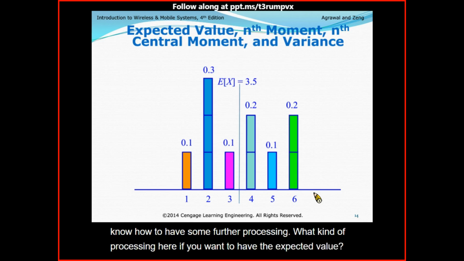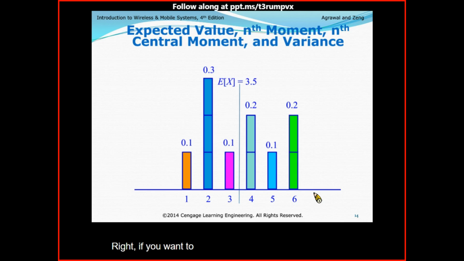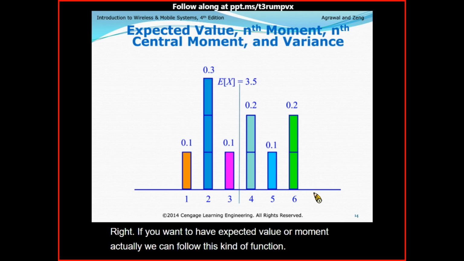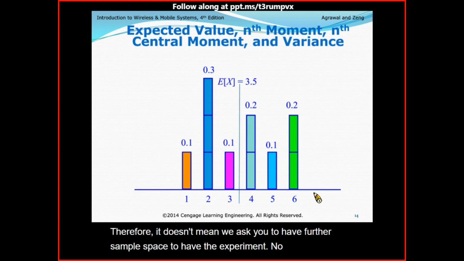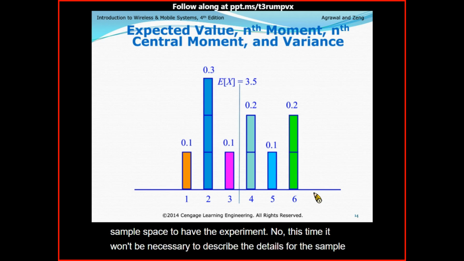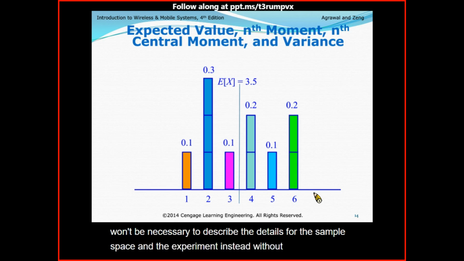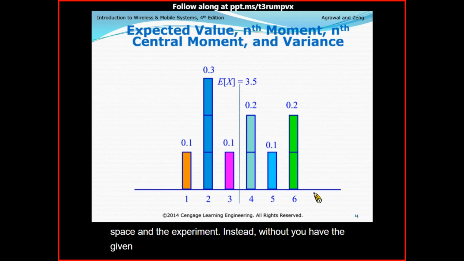If you want to have expected value or moment, actually we can follow this kind of function. Therefore, it doesn't mean we ask you to have the sample space to have the experiment. No. This time, it won't be necessary to describe the details for the sample space and the experiment. Instead, we already have the given function, maybe PDF, PMF, or maybe CDF. Well, later we can know that application to have the calculation.